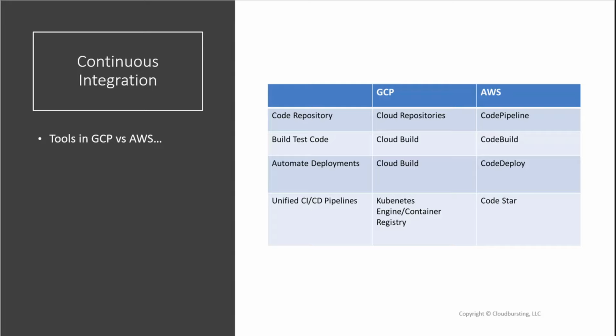And then when it comes to automating deployments, again, Cloud Build manages that for you as well. In AWS, that would be called Code Deploy. Now, when it comes to Code Deploy, basically Code Deploy is what? This is going to deliver your working packages to your instances, and it'll ensure, for example, your parameters are set appropriately.